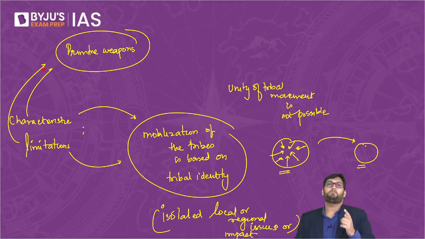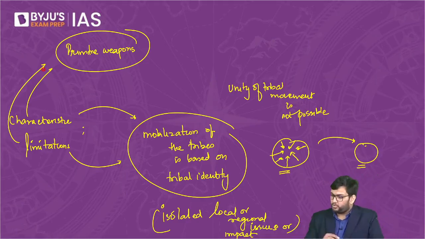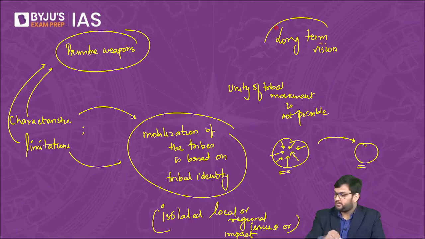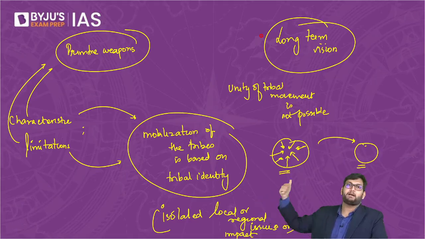Thereafter, there's also one more issue, which is the long-term vision. Why can tribal people not come together? Because if I'm mobilizing you under a certain banner, I say that we all are part of a certain tribe. Will a different tribe then come with you?